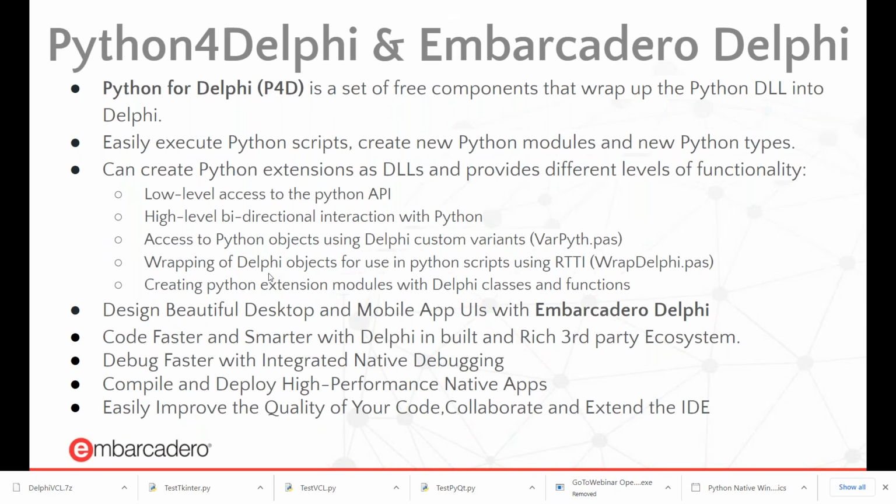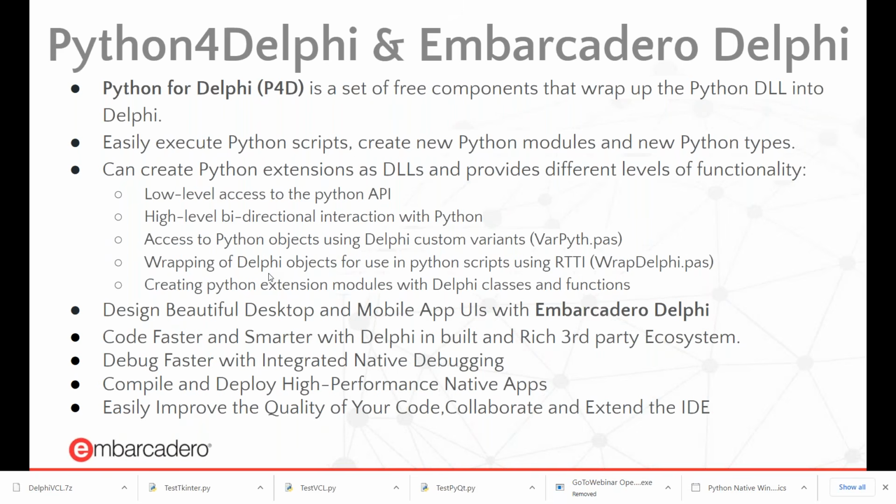So now we have Python for Delphi, and we have Embarcadero Delphi. A short glimpse of Embarcadero Delphi: using it, you can design a lot of beautiful desktop and mobile apps. But in this session I'm focusing on Delphi VCL only.